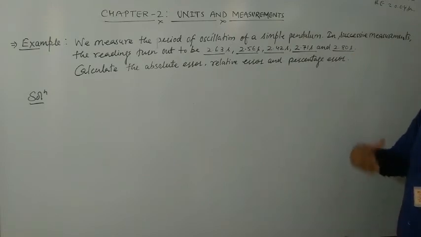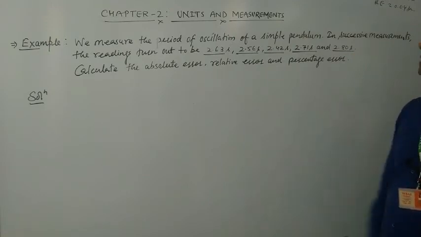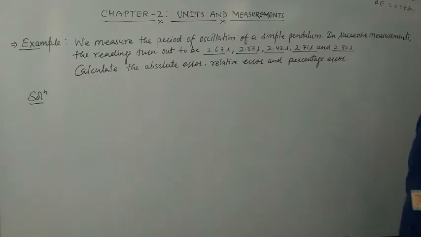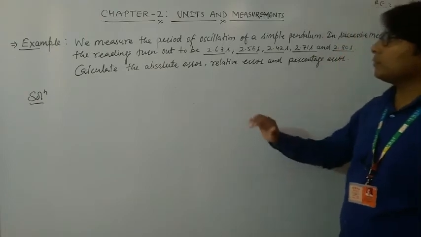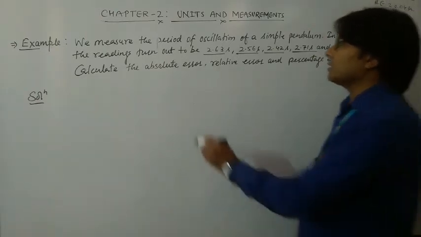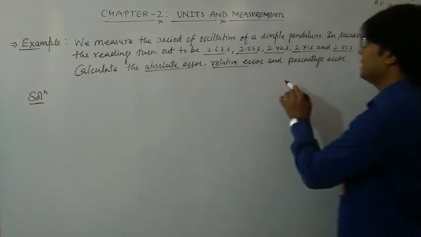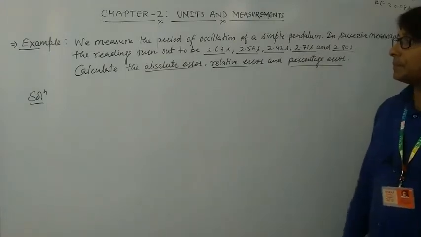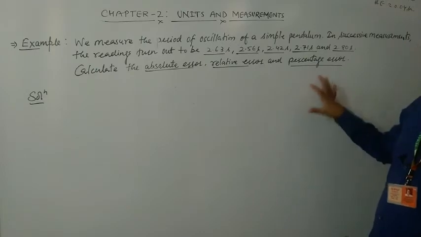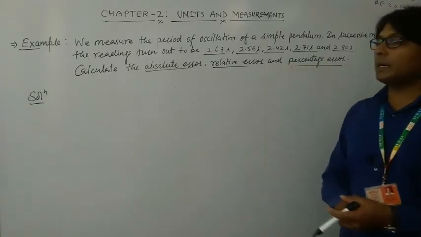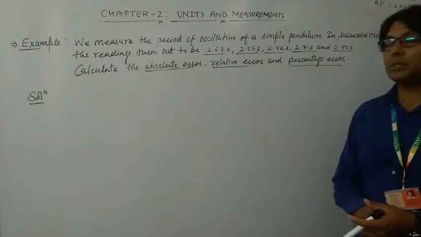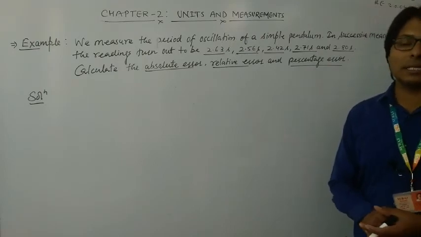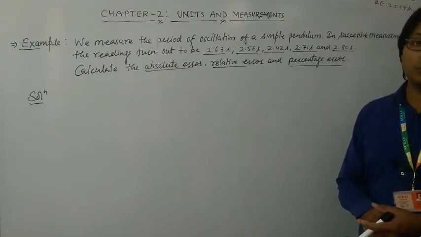The time period of the simple pendulum is measured with the help of a stopwatch. What we have to calculate is the absolute error, relative error and percentage error in the measurement. You know that the number of absolute errors is exactly the same as the number of observations.